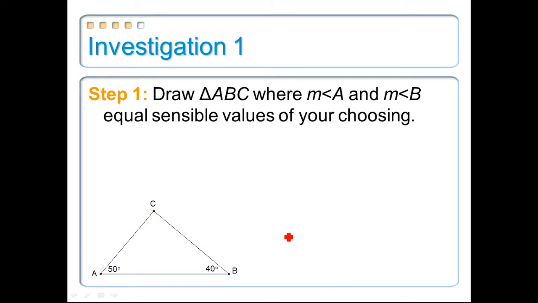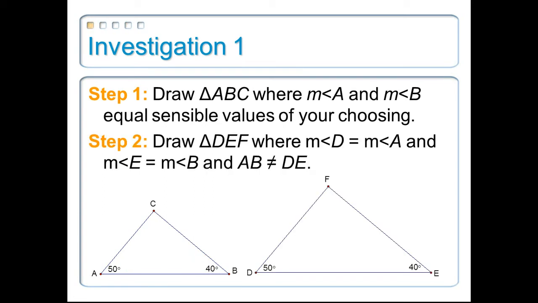So we have down here a 50-degree angle and a 40-degree angle. Okay, so now what I'm going to do is make another triangle that has a different length for AB, but still has the angles 50 degrees and 40 degrees on the bottom of it. Okay, and that's what I've done here.